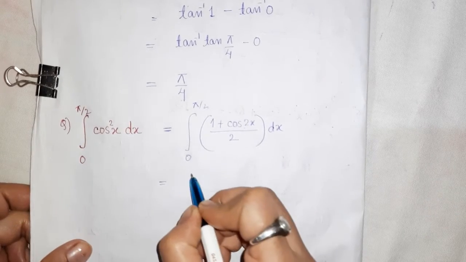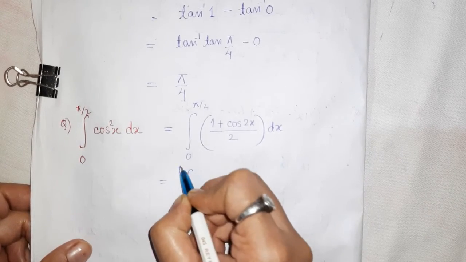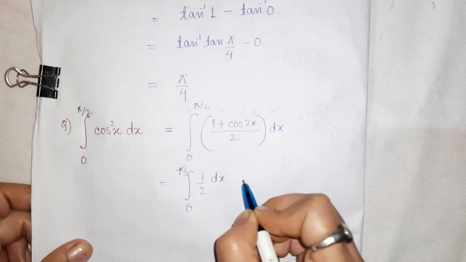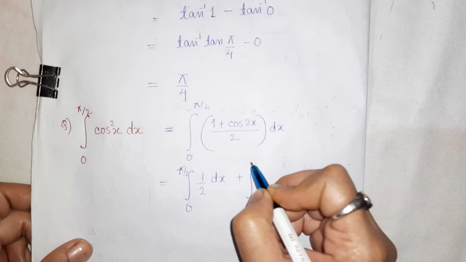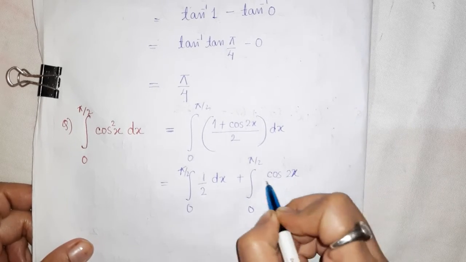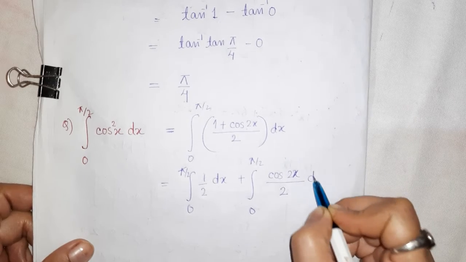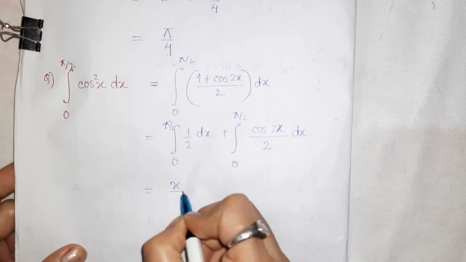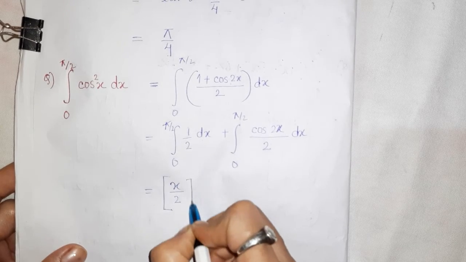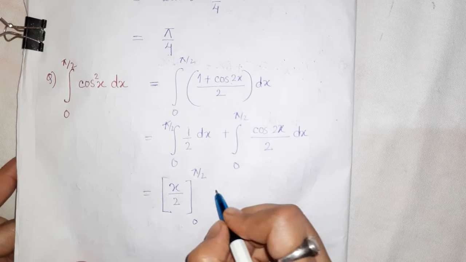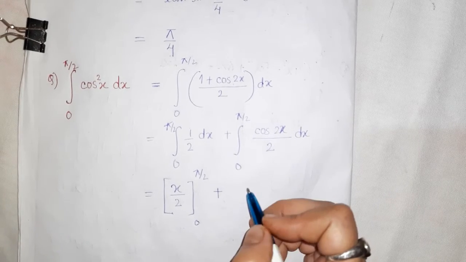Now it becomes easier. Integration from 0 to pi by 2 half dx plus integration from 0 to pi by 2 cos 2x by 2 dx. It is a constant, so you will get x by 2 from 0 to pi by 2, plus 1 by 2.